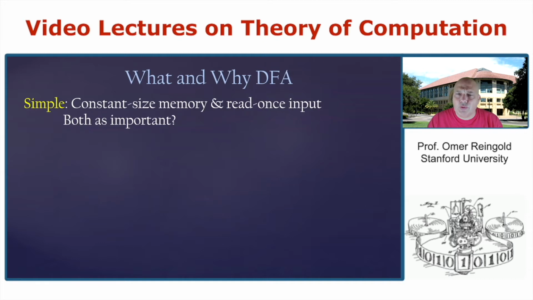But what about the read-once input? Assume that instead of reading it once, you're allowed to move back and forth on your input. Do you get something stronger? Can you compute things that you cannot with a DFA? You will prove in one of your homework assignments that this doesn't add any power. And this is a little bit surprising.